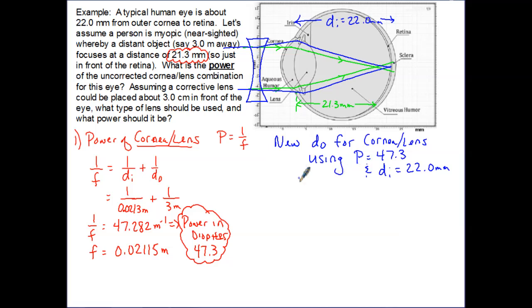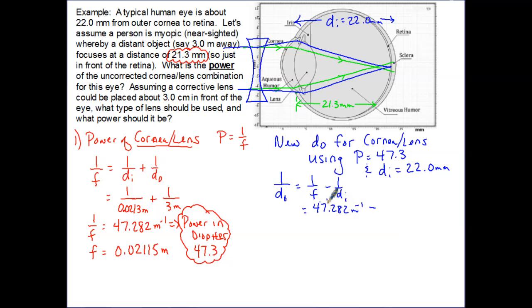So I'm looking for 1 over DO is equal to 1 over F minus 1 over DI. Now in this case, I'm going to go ahead and just write 1 over F as 47.282. Let's just do that, make it a little bit simpler for me here. So 1 over the focal length of the cornea lens combination, well, that's 47.282 inverse meters, minus now 1 over DI.